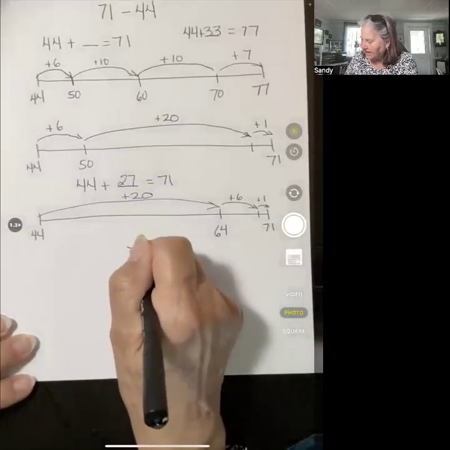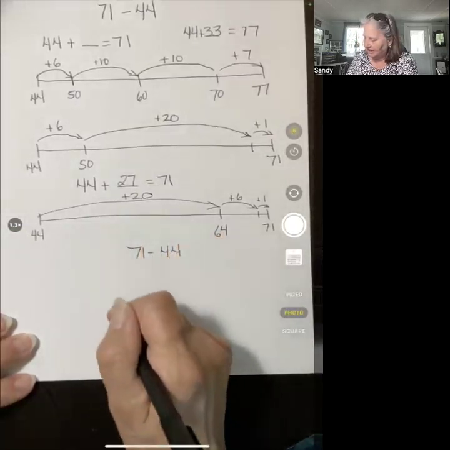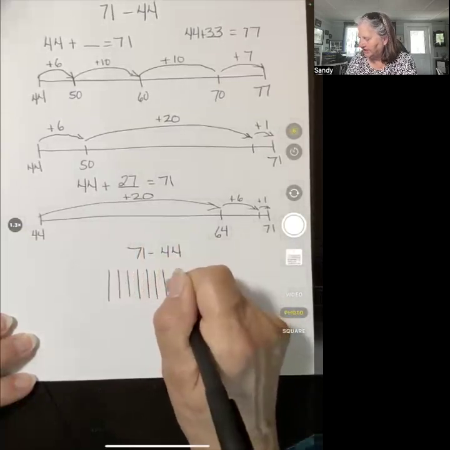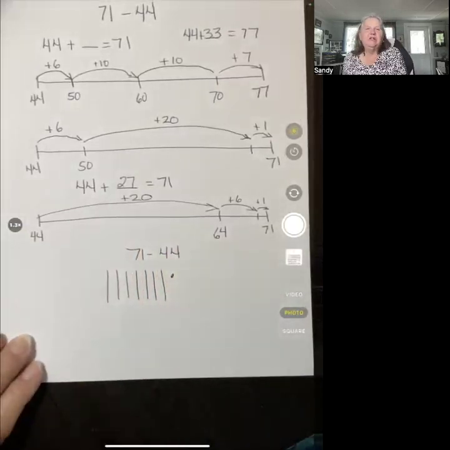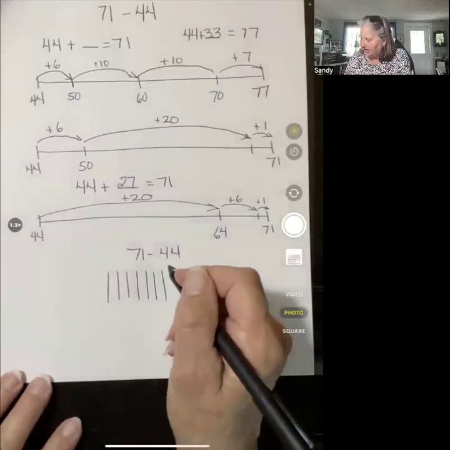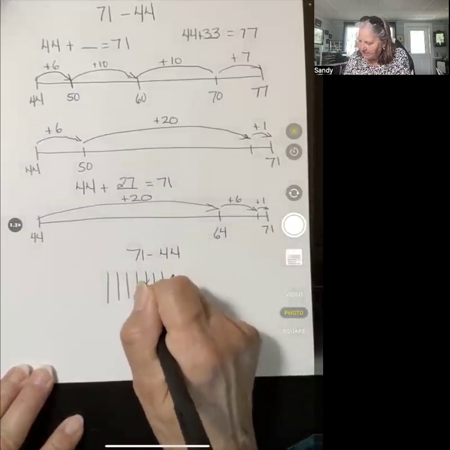Another way to think of subtraction is as removal. And I'll try to stick with 71 this time so you don't have to yell at the screen. So here's 71. I want to remove 44. Now I need to understand I remove tens from tens. So I can remove 4 tens from the 71. That's easy enough, and it doesn't matter which 4.